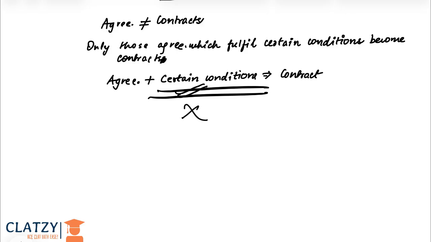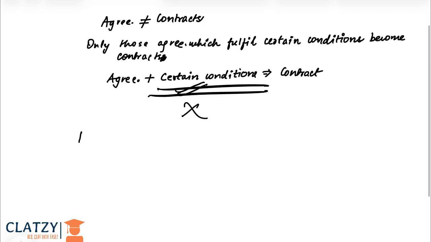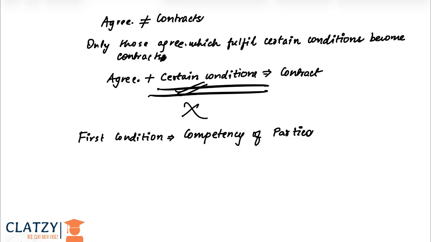And we are going to discuss all these conditions. Okay? Today, our focus would be to look at the first condition. First condition is competency of parties. All right? It simply means that the parties who are entering into an agreement, they must be competent to enter into that agreement.